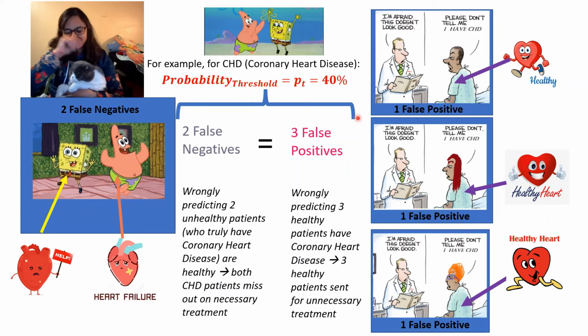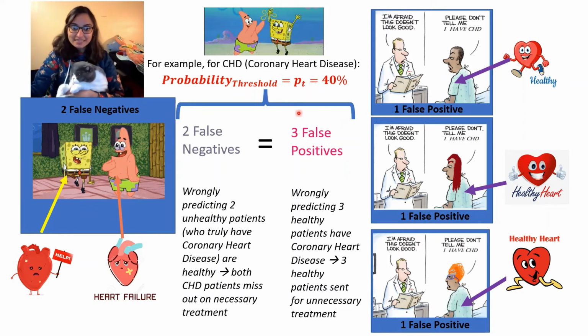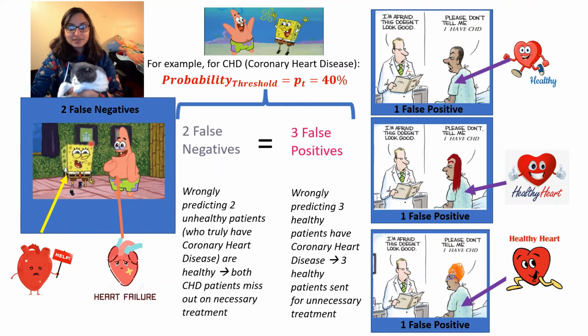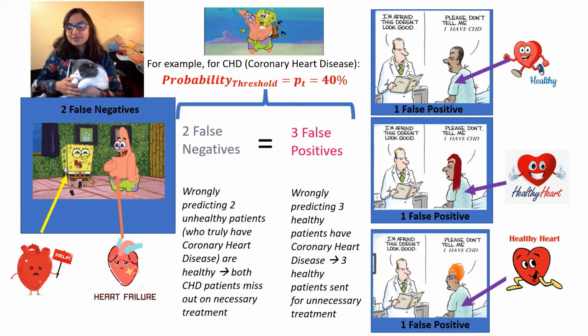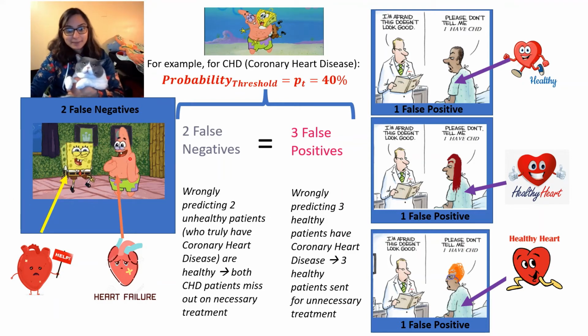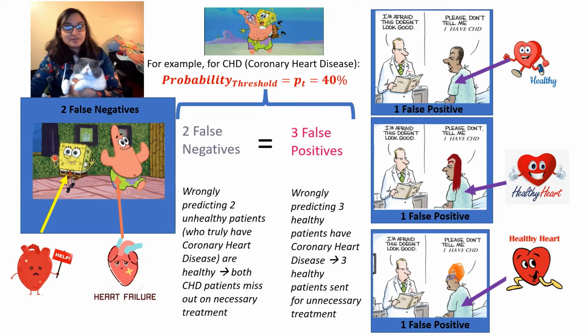So in a way, what we can observe here is that we want to make as few false negative errors as possible, because 2 of these false negatives, so in this situation, wrongly predicting that 2 unhealthy patients, like SpongeBob and Patrick, are healthy. They're actually unhealthy, but here we are predicting that they don't have the disease. We're predicting they're healthy, so here they're celebrating, but in reality, they actually have the disease. Their hearts are very unhealthy. Help! The heart is very, very unhealthy, but instead we wrongly predicted that they were healthy, and they're wrongly celebrating. So they miss out on necessary treatment for heart disease.